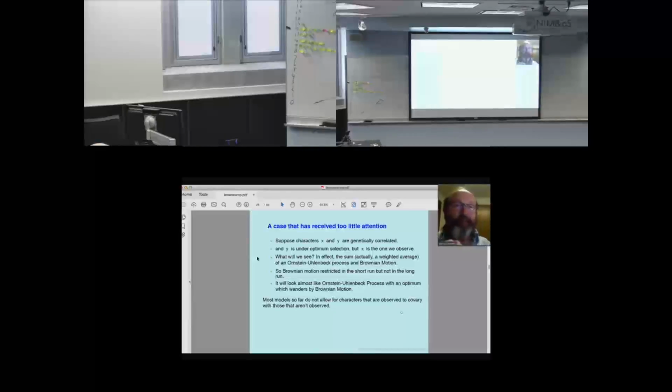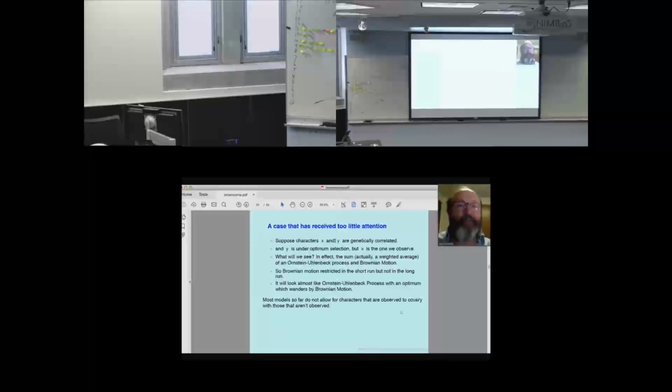I mentioned that we've been assuming in this course that the characters that you're measuring are the characters that natural selection sees. And I think it's worth thinking about cases where we look at one character and we say, oh, the size of the organism. But it turns out that natural selection is assessing not that size, but some other measure of size.